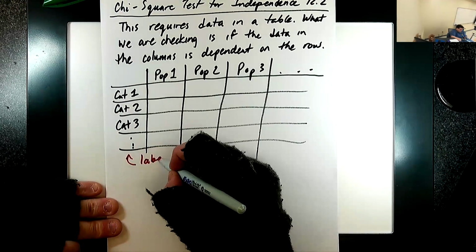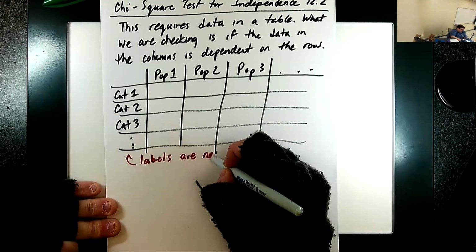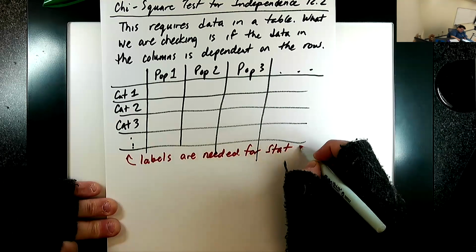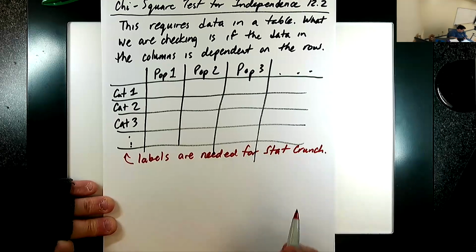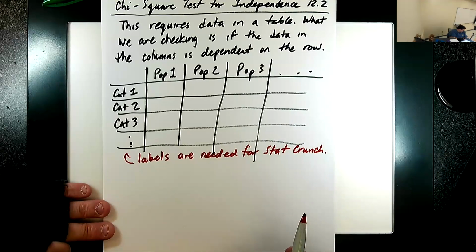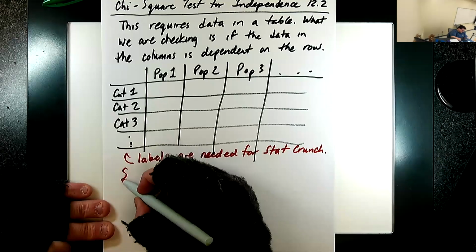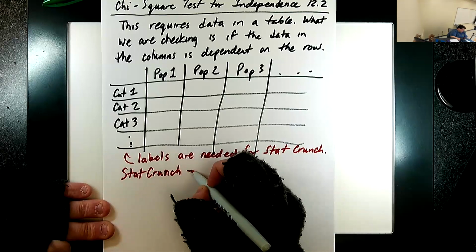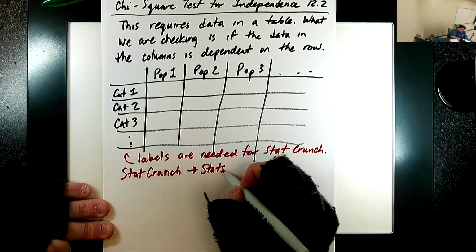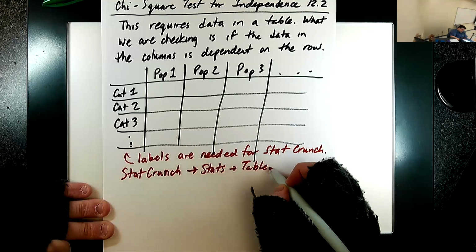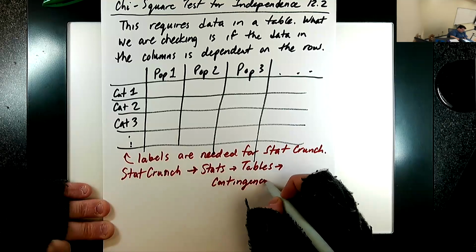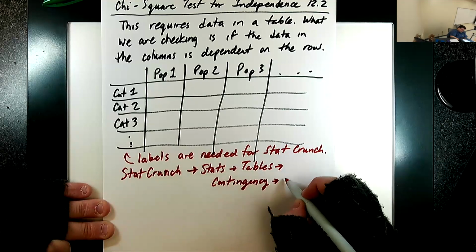Labels are needed for StatCrunch. You're going to need a column with the labels in it. And where we find it, since I'm talking about StatCrunch, you're going to go Stats, Tables, Contingency, and then with Summary.